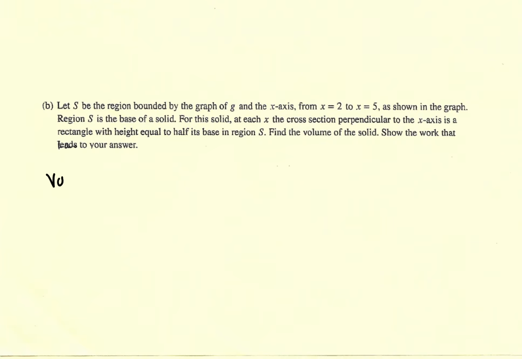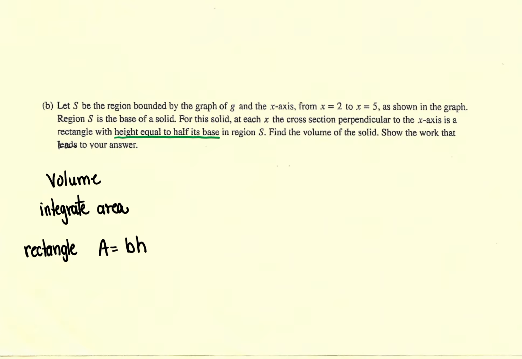If you'll recall, if you want volume, you integrate area. So we need to integrate the area. The area that we're doing this time is a rectangle. And you guys are familiar that the area of a rectangle is base times height. But if you notice in this question, it says the height is equal to half its base.